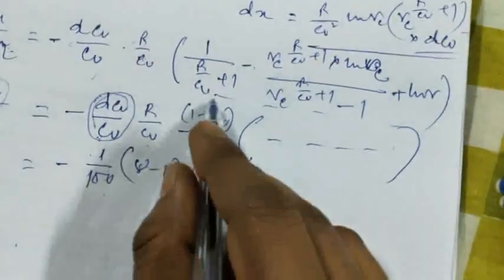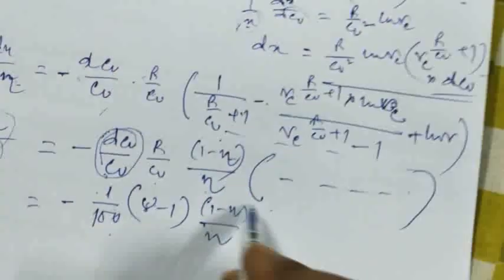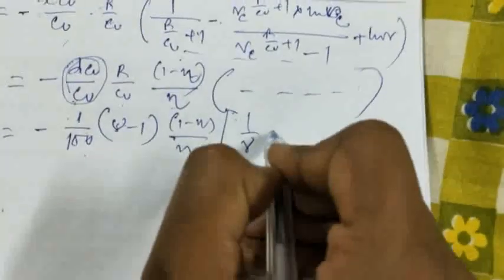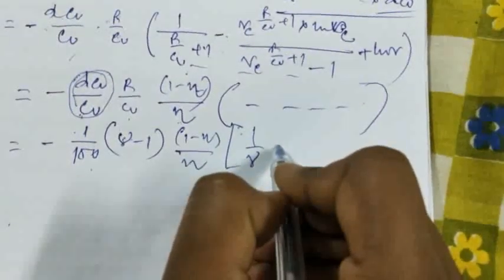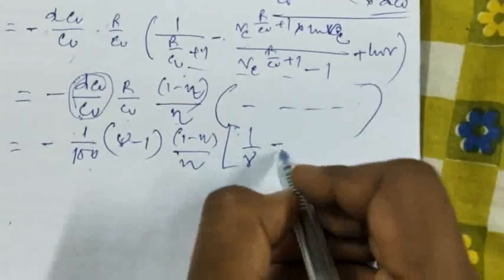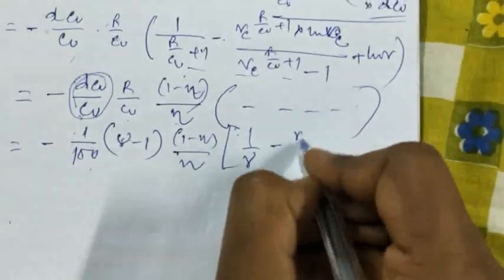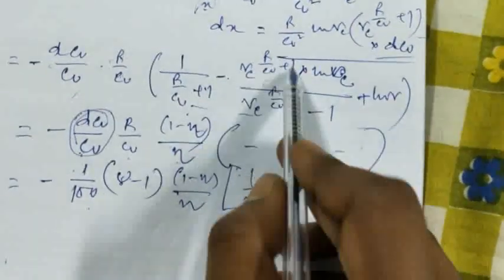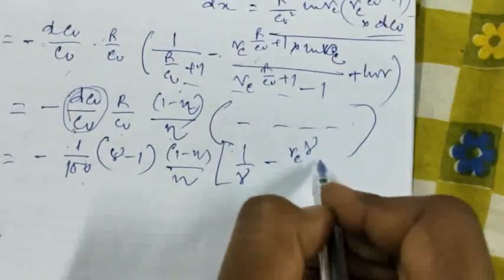Here R by CV plus 1 is equal to gamma, so this can be written as gamma minus RC to the power again R by CV plus 1, which is gamma, because here we have calculated already gamma equal to 1 plus R by CV.